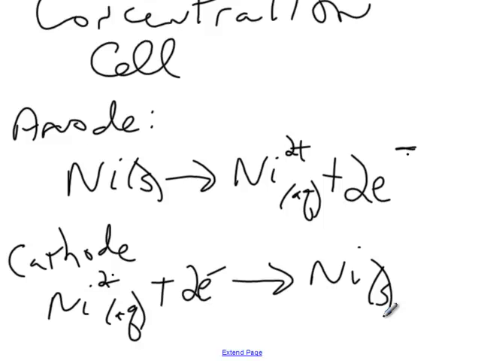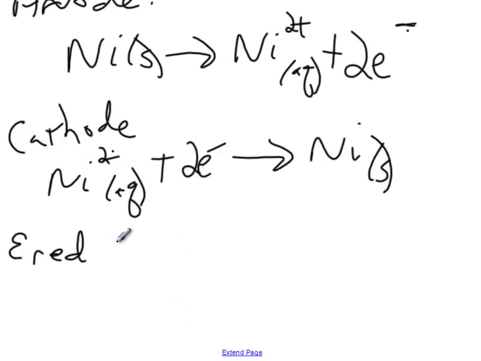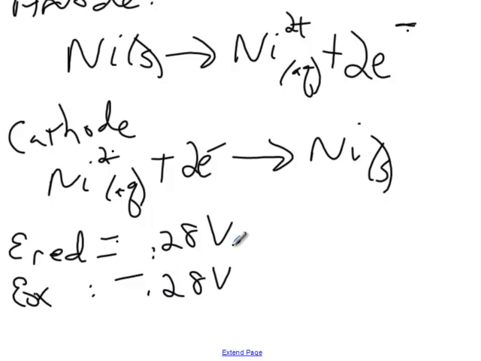Now, obviously, the E reduction and the E oxidation are going to make 0. E reduction for this reaction is negative 0.28 volts. Well, the E oxidation is, of course, positive 0.28 volts. So 0.28 volts plus negative 0.28 volts is 0.